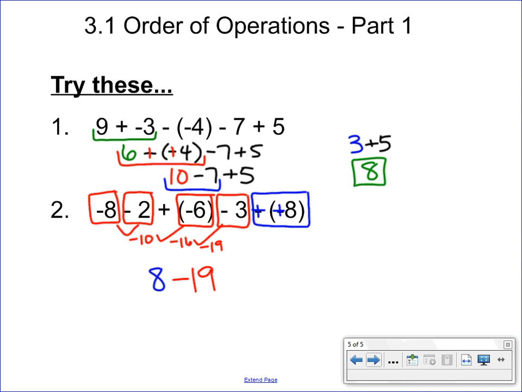So it comes down to I have 8 good guys and 19 bad guys. Well, the positive 8 or 8 good guys will take out 8 of the bad guys. So my answer here is going to be negative 11 because I will have 11 bad guys left at the end.